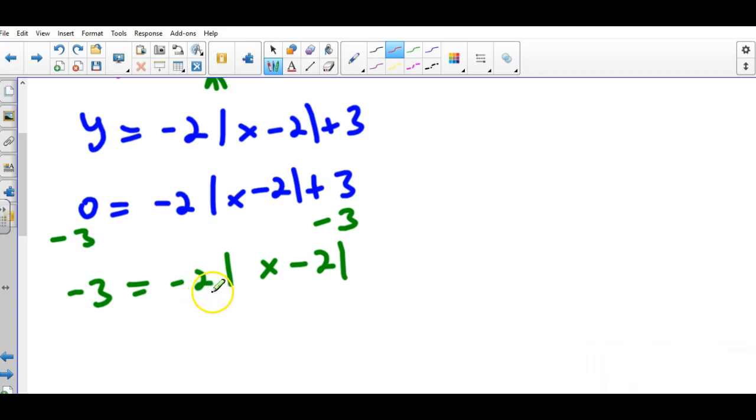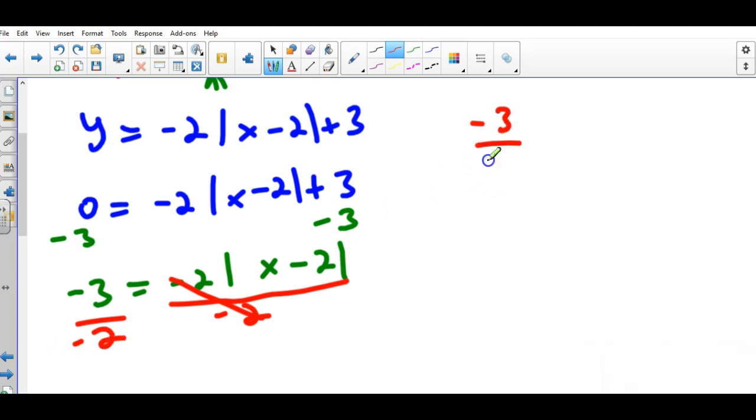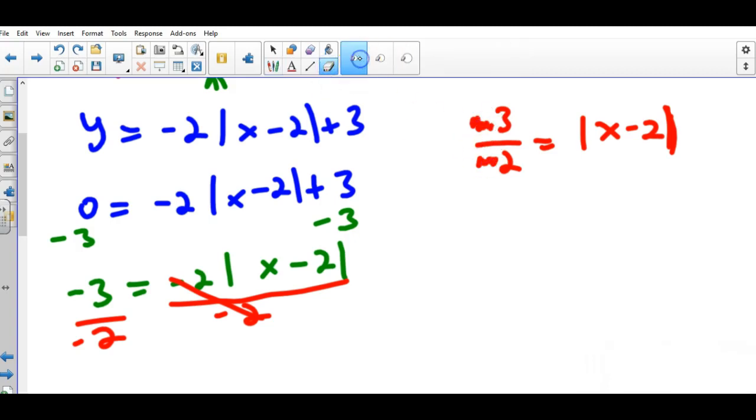If I divide this whole side by negative 2, all this cancels. So you have negative 3 over negative 2 equals the absolute value of x minus 2. That becomes positive because the 2 negatives cancel, so now this is positive 3 over 2.